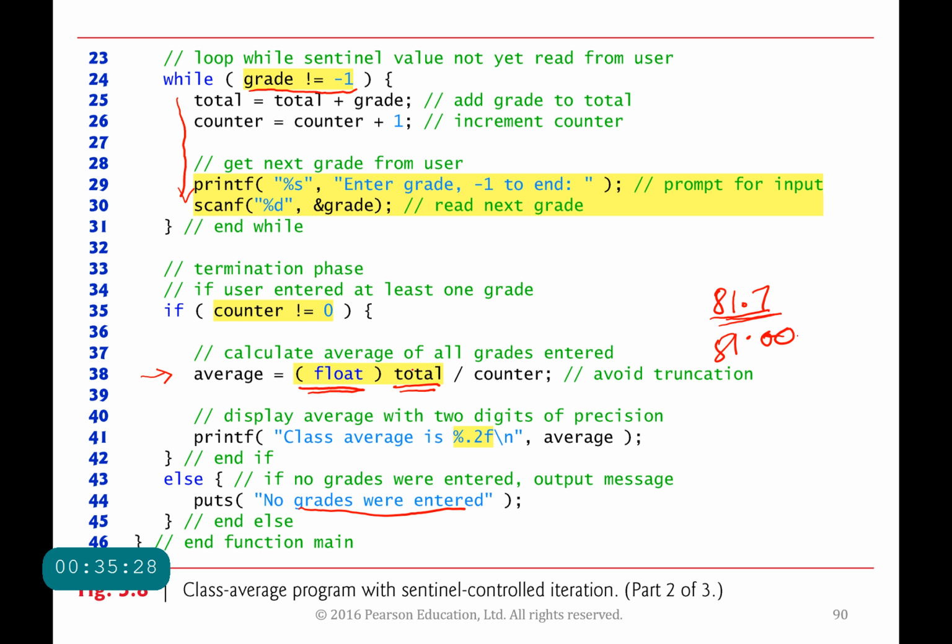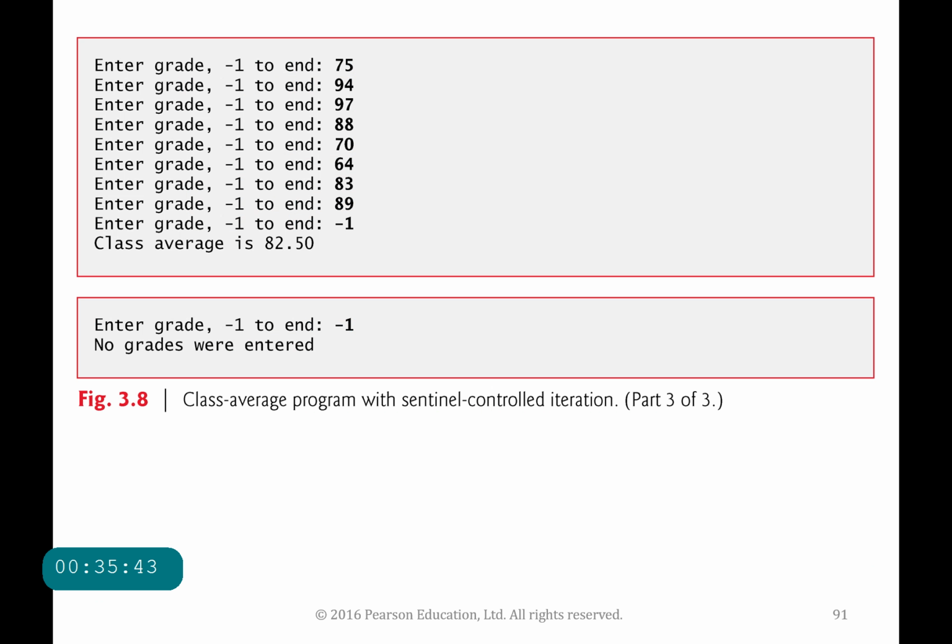This will convert it into a floating point number, and the result will also be a correct floating point number. You can see that here we actually get a value of 82.5 when these grades are entered.